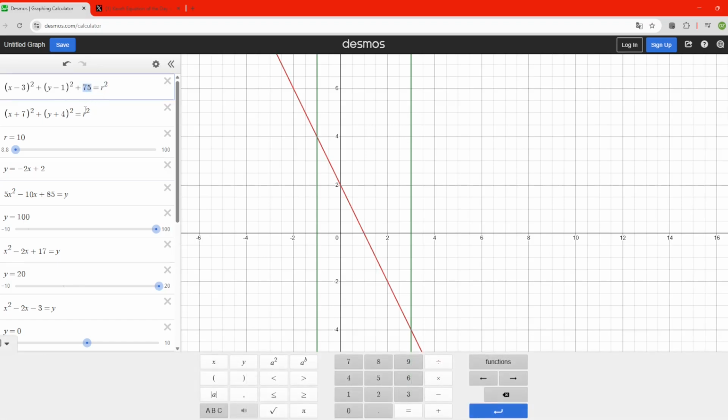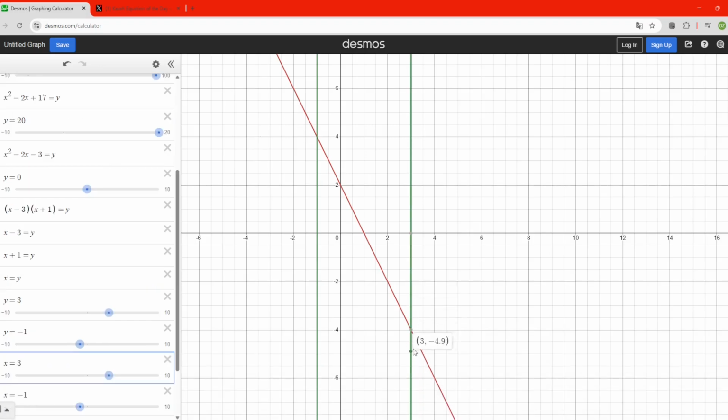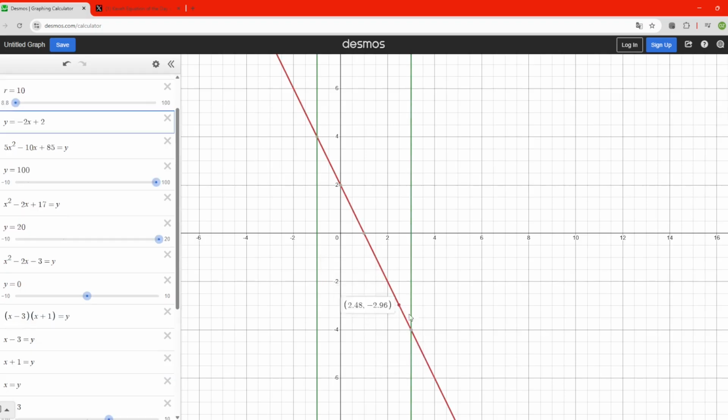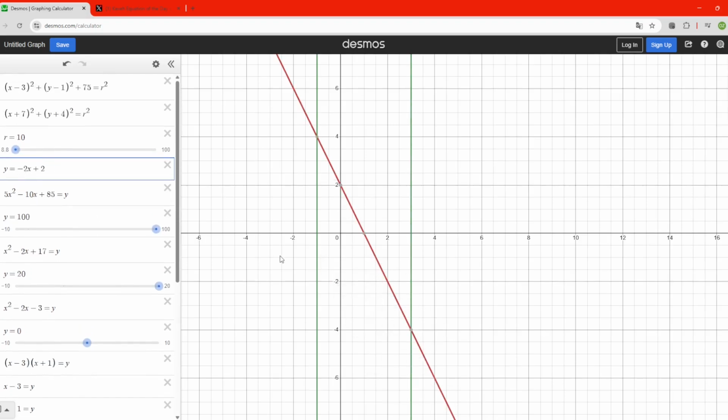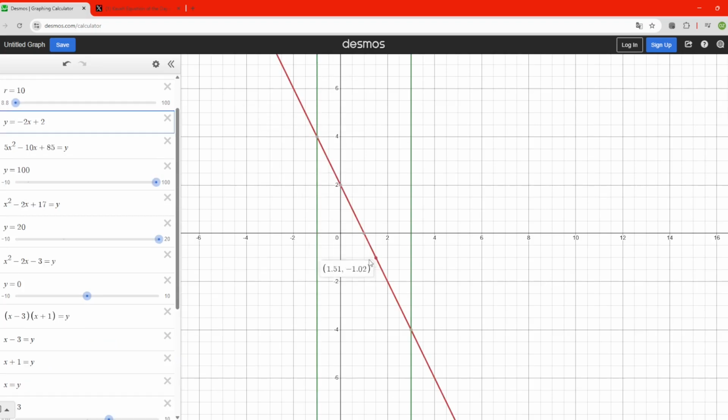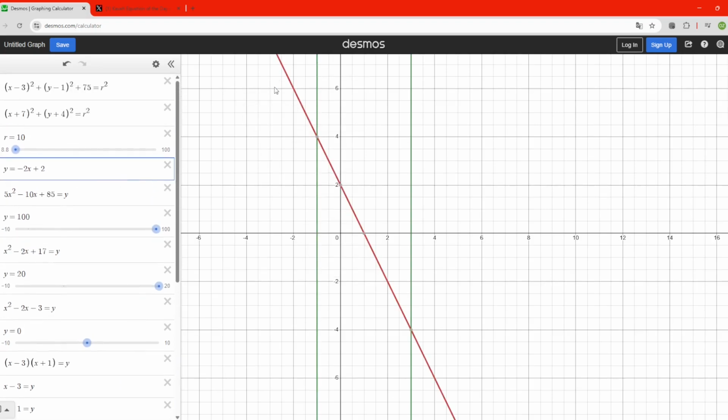According to these equations, you know, r and square root of r squared negative 75, and then you just have to find x equals 3 and y equals negative 2x plus 2, and x equals negative 1 and y equals negative 2x plus 2. This is the intersection that you want. This is the simpler intersection.